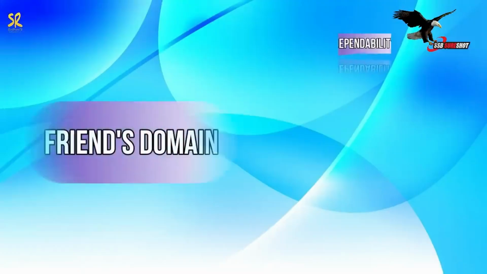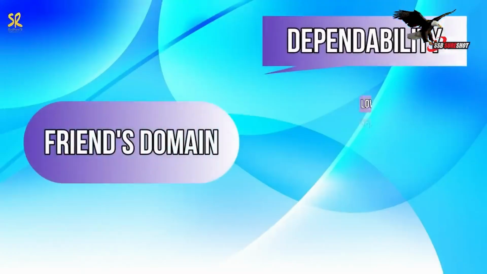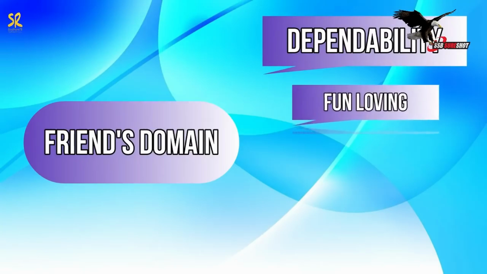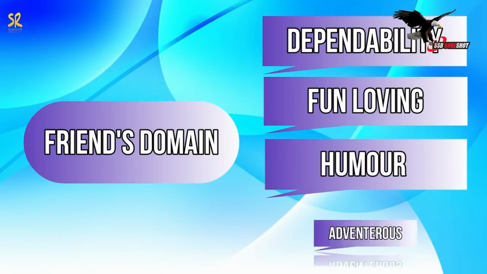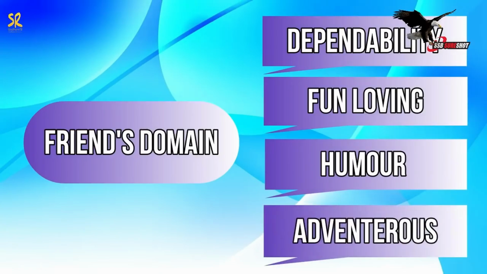Now your friends. Friends' domain is entirely different. They will talk about how fun-loving you are, how friendly and trustworthy you are, how dependable you are, also whether you are humorous or not, and whether you are outgoing, adventurous, etc. These are the qualities generally the friends will be commenting upon. And what you can write about yourself and about your aspiration.